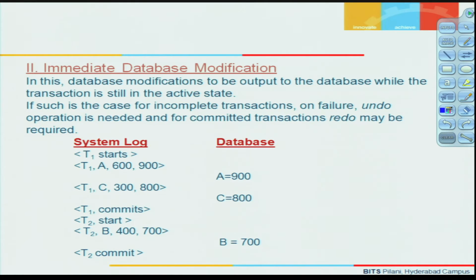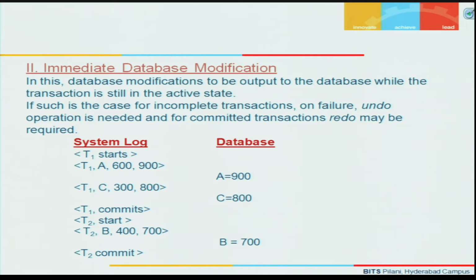Now, let us have a look at the immediate database modification technique. Under log based recovery, the first approach is deferred modification, which we have discussed just now, and the second approach is immediate database modification. It is exactly opposite to deferred modification. There is no postponement, and whenever a transaction modifies a data item, before it commits, the updates will be applied onto the database.